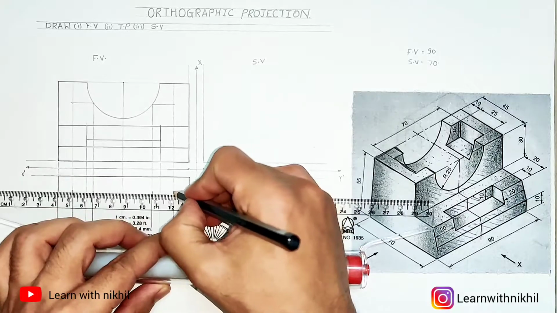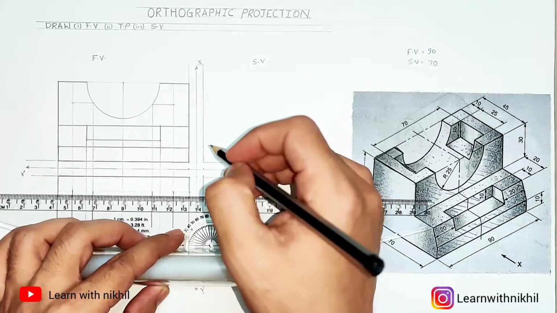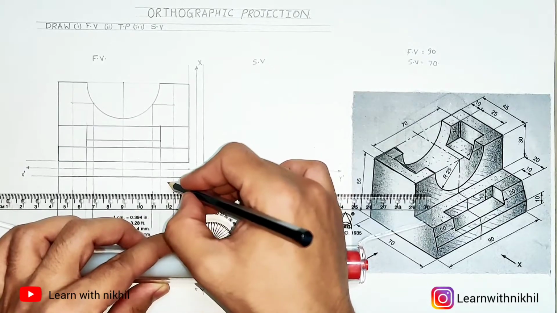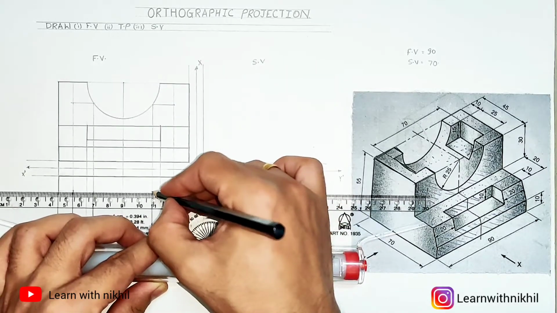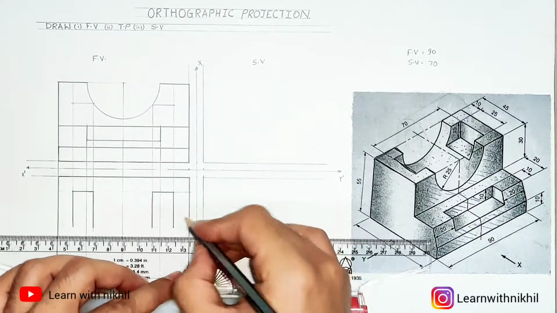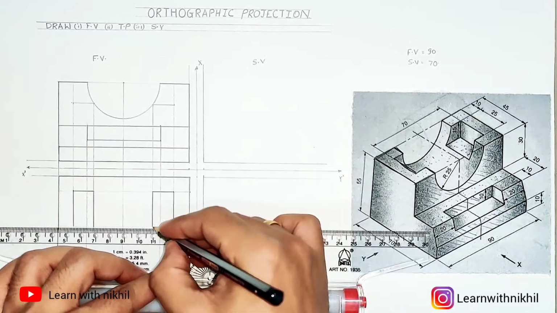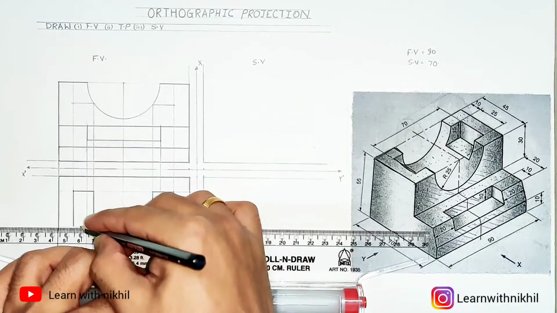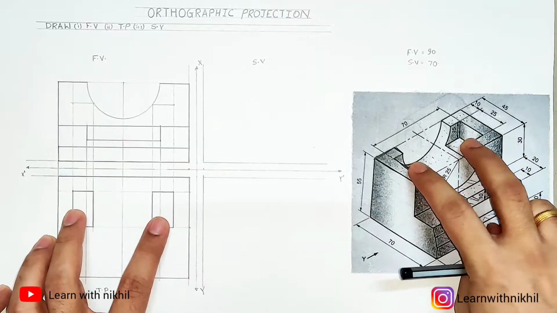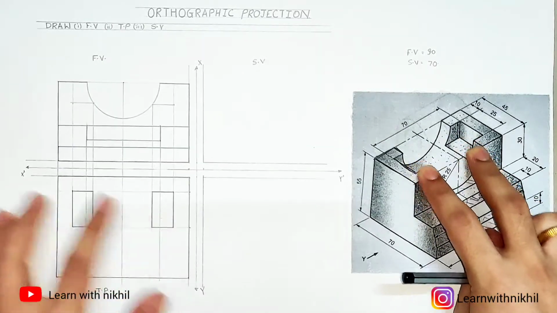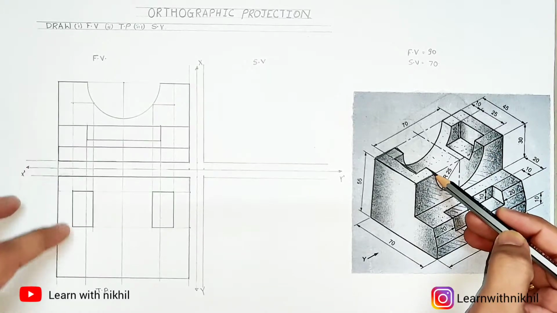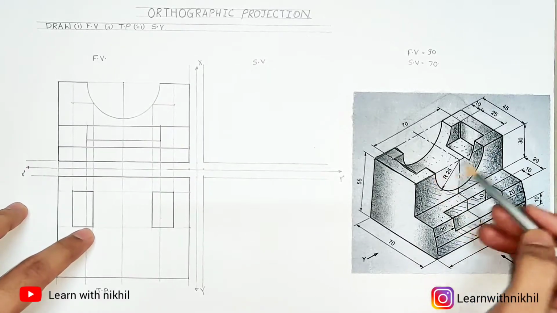Now completing this with a rectangle, so joining this line, this one and the bottom side, which completes the two rectangles which are visible from the top side and which were hidden in the front view. Now this thickness total given is 45 millimeter.